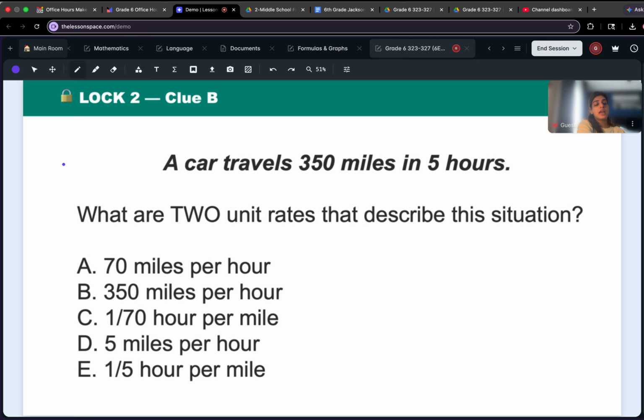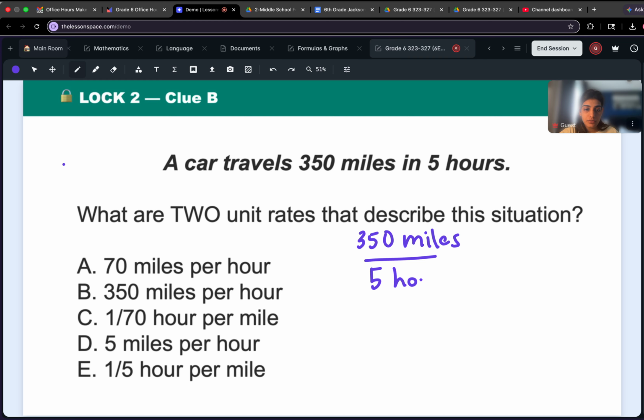First of all, we have to find out how much the car is traveling in 1 hour, right? Because the very basic unit in this situation would be miles per hour. So let's figure out how many miles are being covered in 1 hour. 350 is the total number of miles, 350 miles are being covered in 5 hours, right?